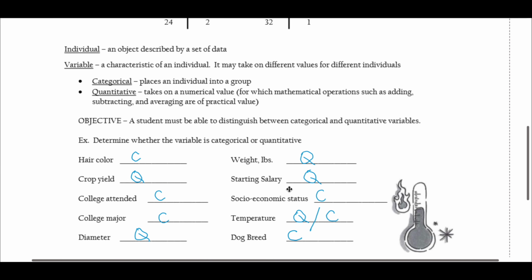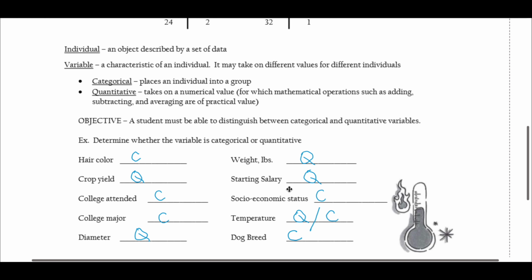So in this case, for temperature, if you're measuring it in degrees, then it would definitely be a quantitative variable. But if you're seeing the temperature as cold or warm or hot or freezing, different people will have different ways of identifying which is below cold and which is above hot.